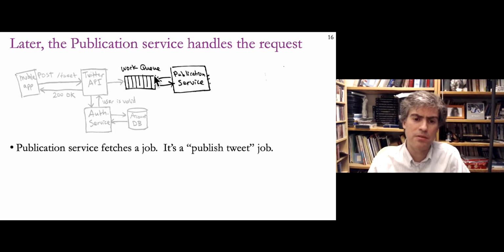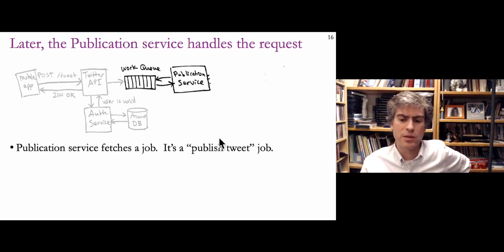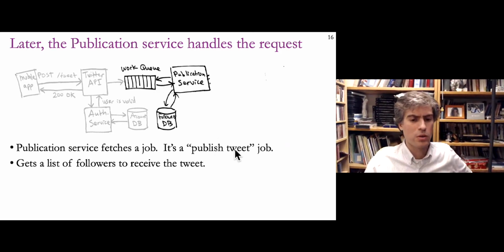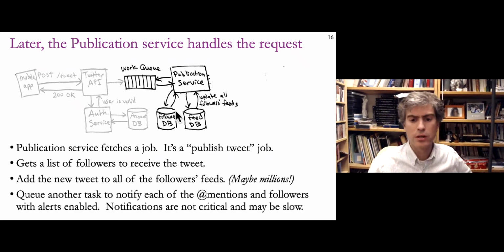It sees the type of the message is a publish tweet job, so it processes it. That might involve checking a followers table to see who should get that tweet. It might go through a loop to update all the followers with that tweet to build out the feeds for all those users, and that might be millions of followers.